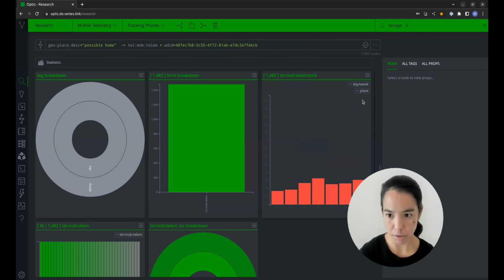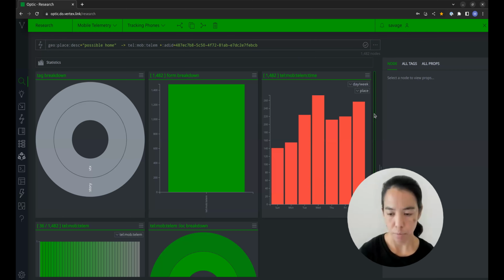If we toggle that to days of the week, that phone is continuously showing up all the time. It's not like they're only there on Tuesdays and Wednesdays or only there during the work week. They're there every single day of the week. And then if we look at the timeline, similar to what we saw with the suspected work location, throughout the time frame of data that we have for this phone, the phone continues to return to this location.